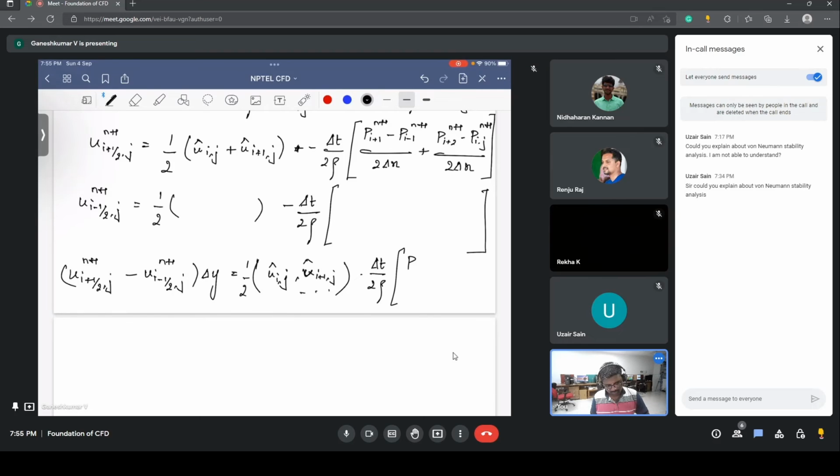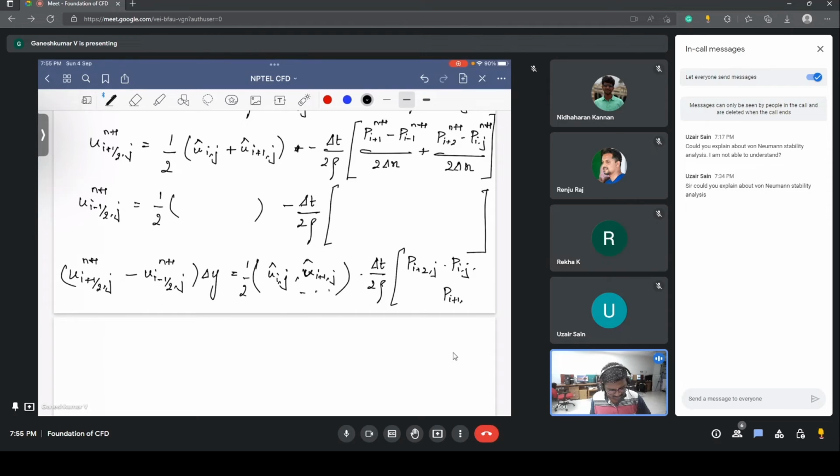Here the i plus 1 and i minus 1 get cancelled, and you will end up getting p i j and p i plus 1 j, divided by 2 delta x. So this is called pressure velocity split.